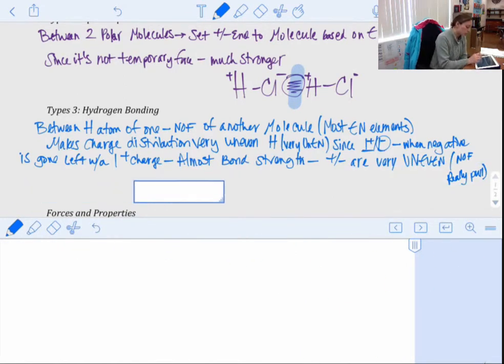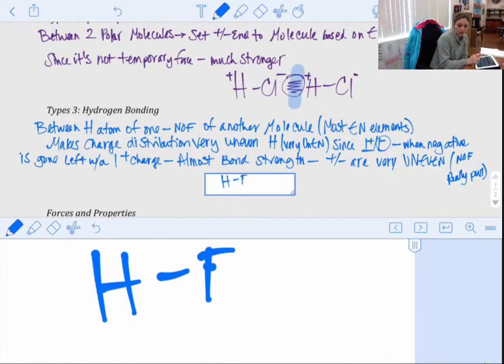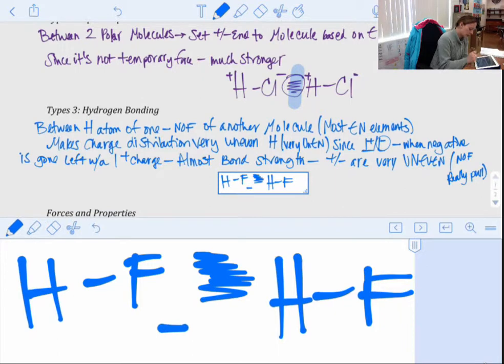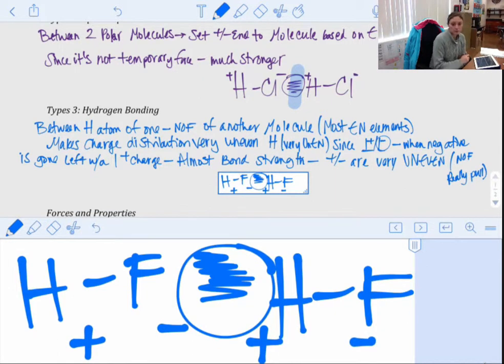For example, I could have an HF, and he's going to want to bond with another HF. The F is going to be negative, the H is going to be positive, H positive, F negative. That hydrogen bond right there is really hard to break, and it's very strong, again because it's very skewed.